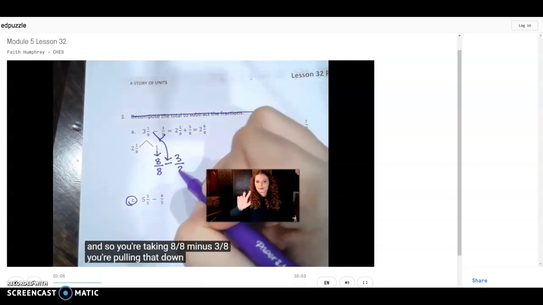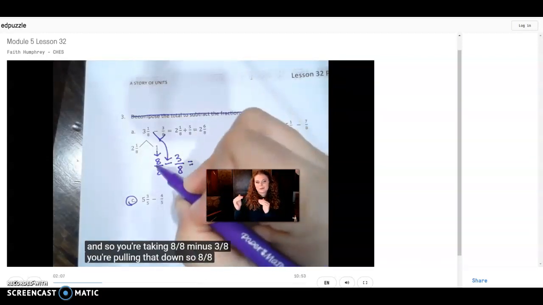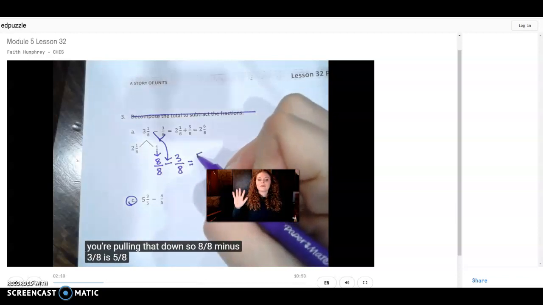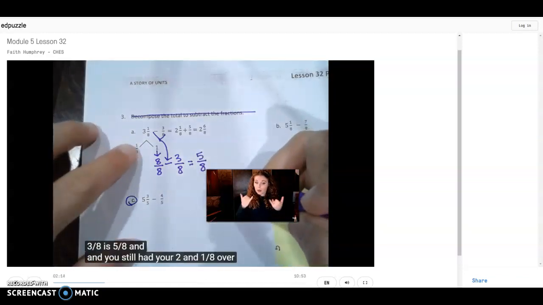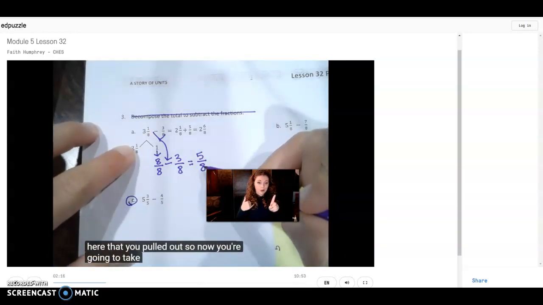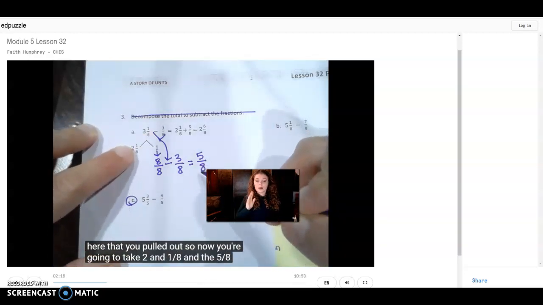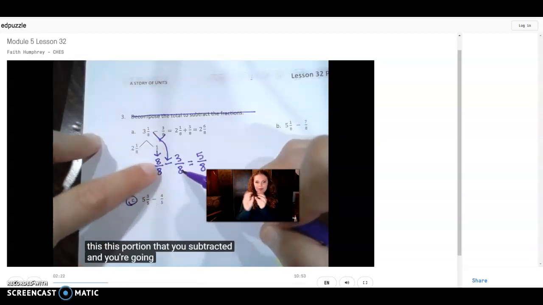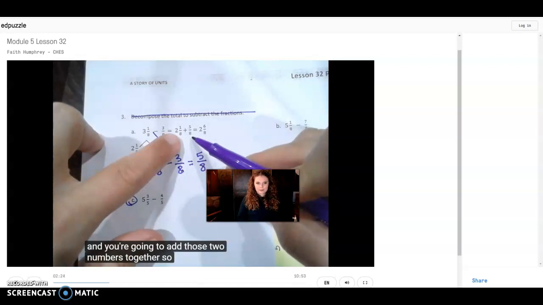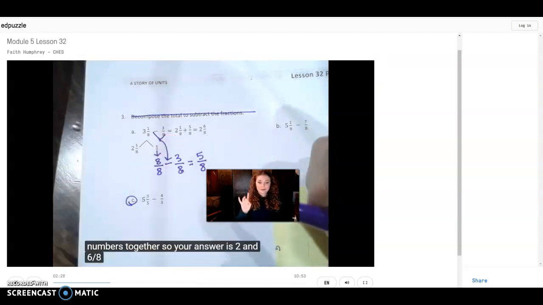So 8/8 minus 3/8 is 5/8. And then you still had your 2 1/8 over here that you pulled out. So now you're going to take 2 1/8 and the 5/8 from this portion that you subtracted, and add those two numbers together. So your answer is 2 6/8.